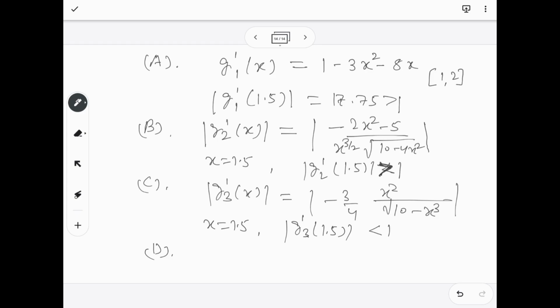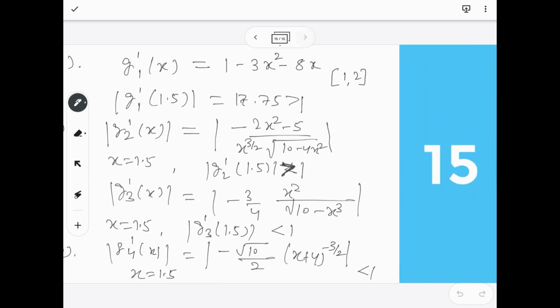For g4 prime, the value is minus root over 10 by 2 x plus 4 to the power minus 3 by 2, and at x equal to 1.5, this is also less than 1.